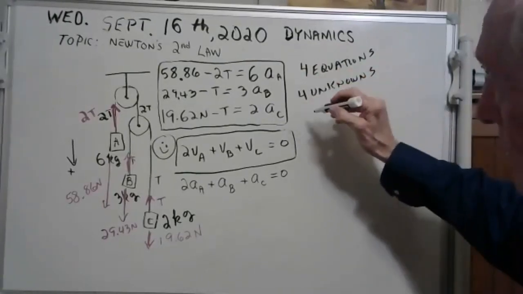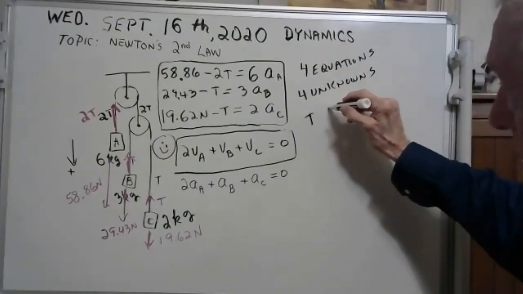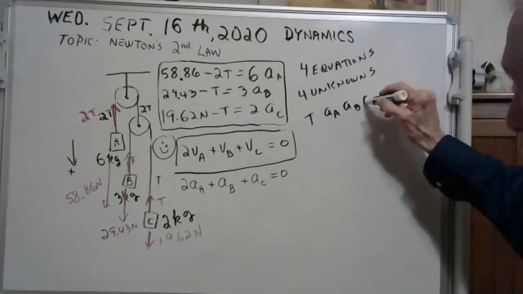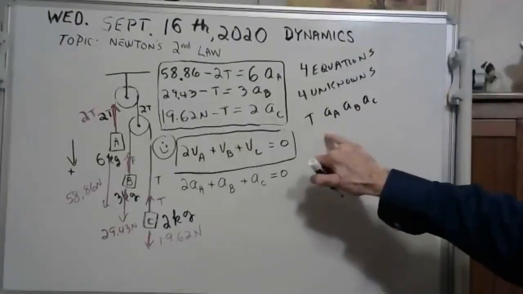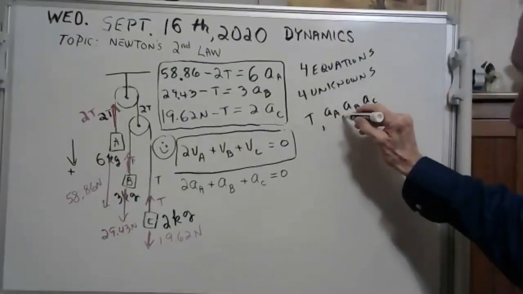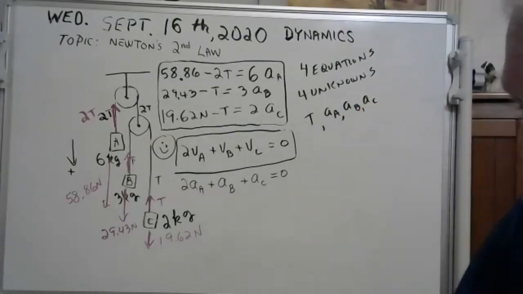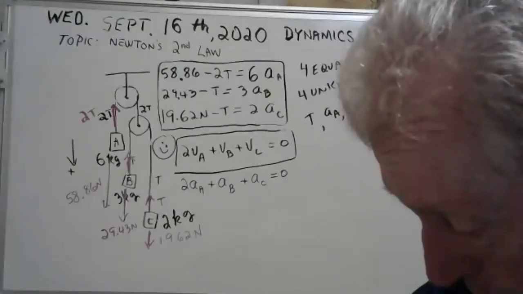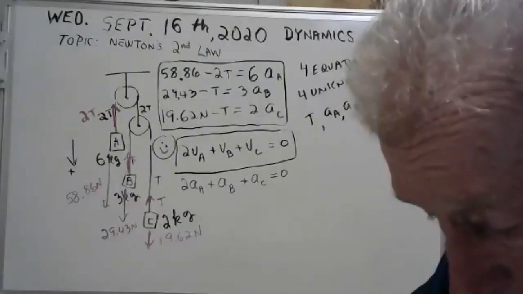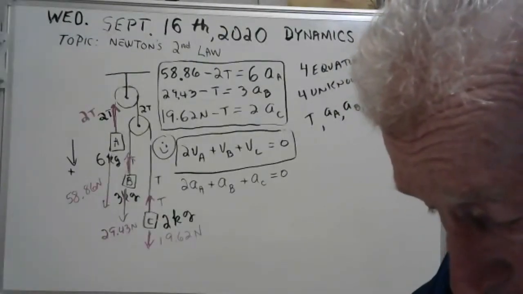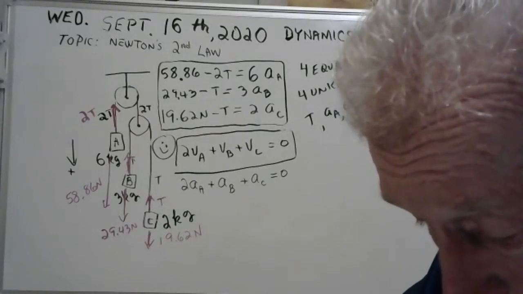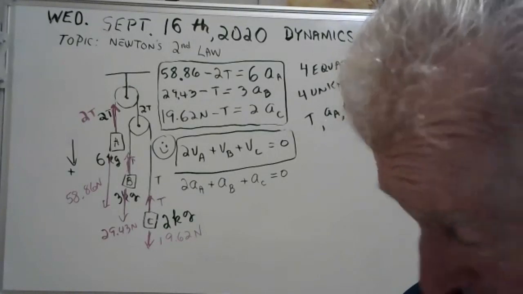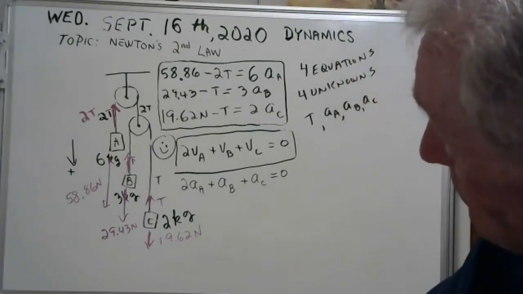The unknowns are T, and we don't know the accelerations. We have 4 equations and 4 unknowns. We took algebra in school when we were younger and better looking. We can do it.